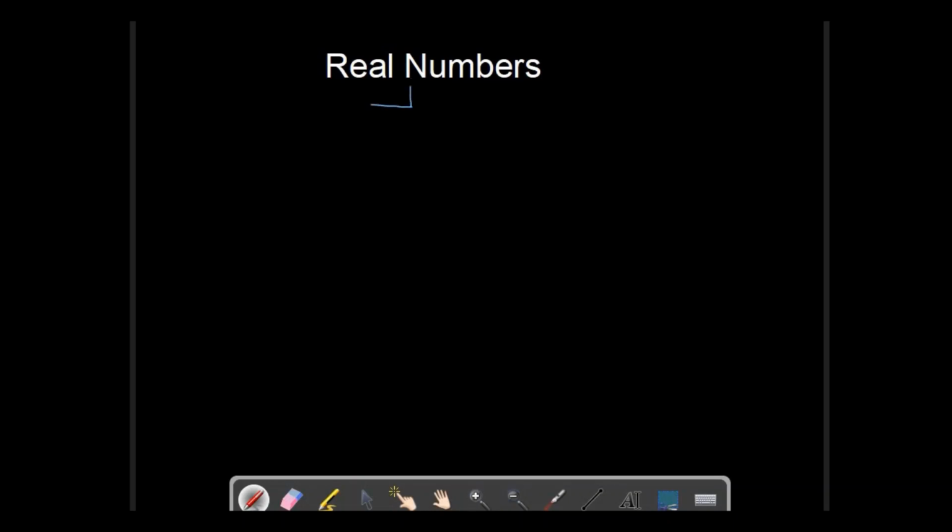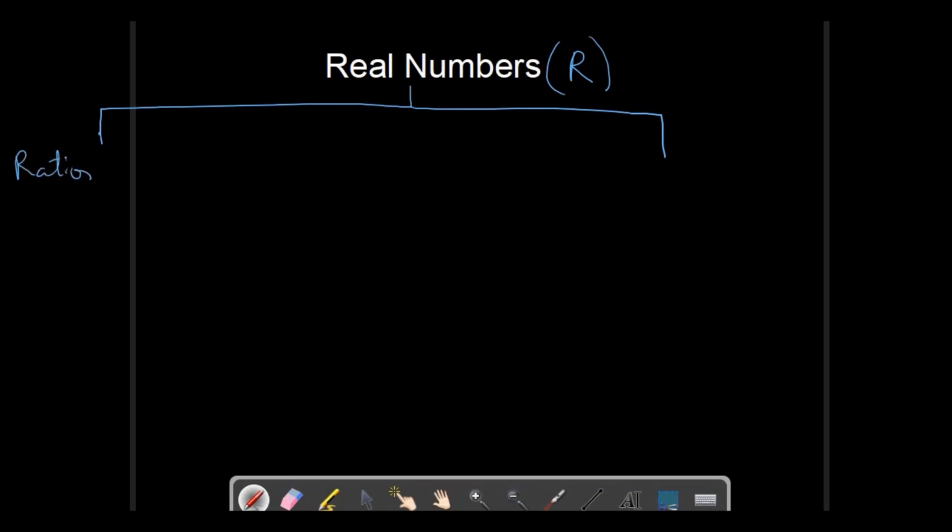Real numbers are denoted as R, and here they are classified into two types. One is rational, and the other is irrational.